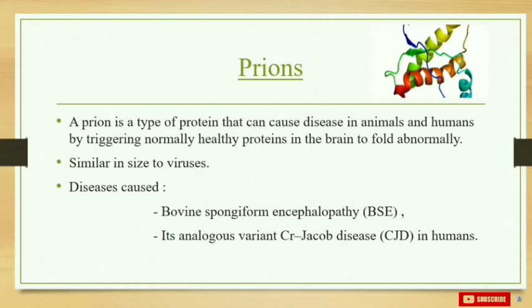In short, analogous means they have similarity in their functions. So this analogous variant causes a disease called Creutzfeldt-Jakob disease, CJD, in humans. So this was about prions.